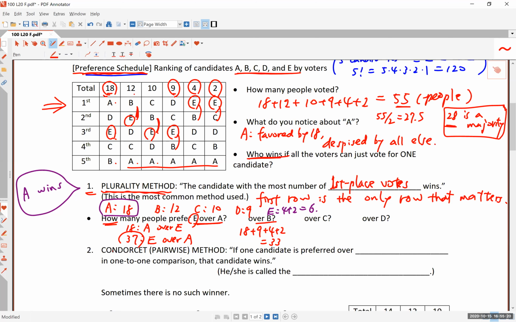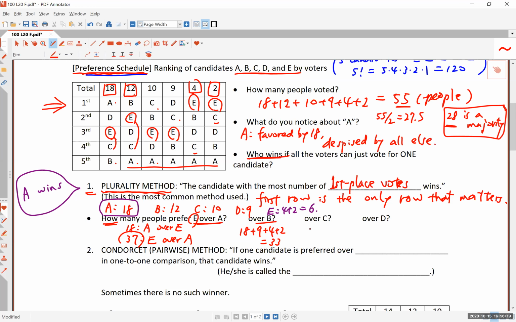More people think E is better than A, and more people think E is over B, right? How about E over C? Okay, let's erase all the markings and count again. If you compare E to C, these people prefer E over C, and these people think E is better than C. Here, these 10 people think C is still better than E. 9 people think C is better than E. 4 people think that E is better than anybody else, including C, and E is over C in this last column.